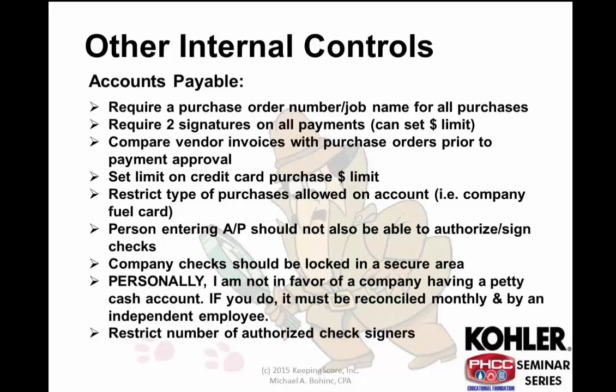When you or your technician goes to the supply house, when they ask for a PO number, just tell them Smith job. That way, when that invoice comes into the office, you'll know that's for the Smith job, and you'll be able to attach that to the service invoice and do the comparison. So even if you don't have one, it's not a real difficult thing to set up.